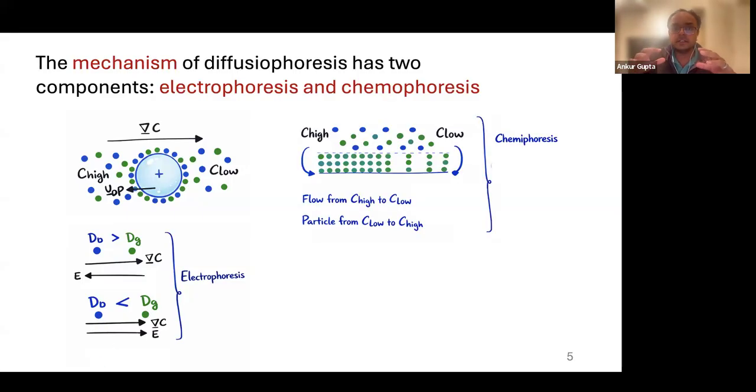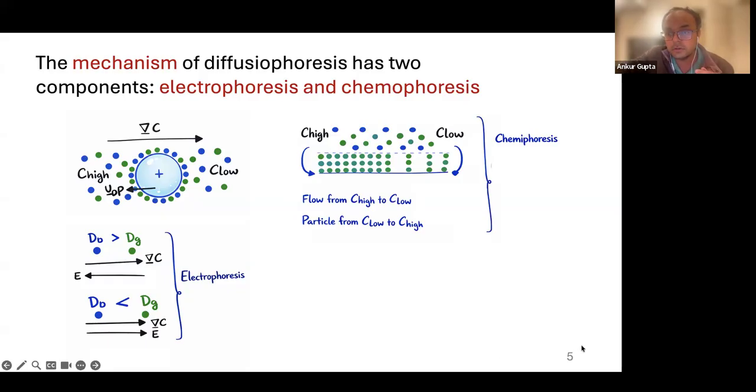In chemiphoresis, essentially you attract an ion near the surface or repel the ion near the surface. So now this is the case of attraction. What you're seeing here is these ions being attracted to the surface. So you have many more ions present near the surface. In the case of electrostatic interactions, these are going to be the oppositely charged ions.